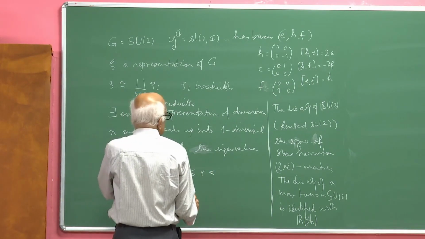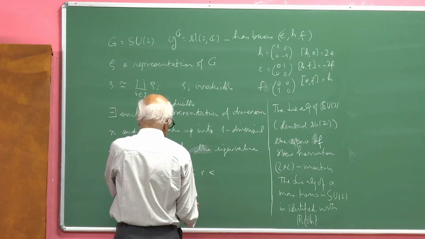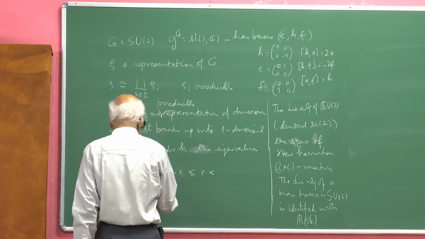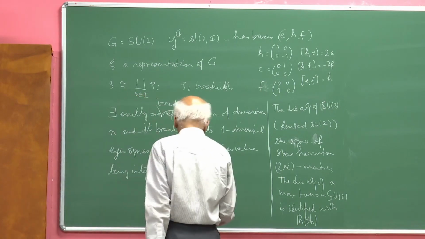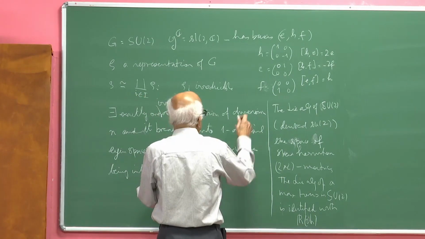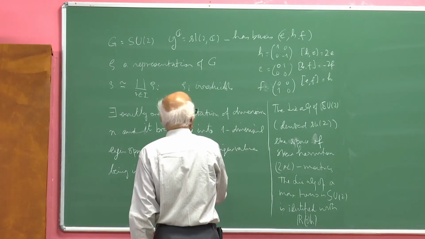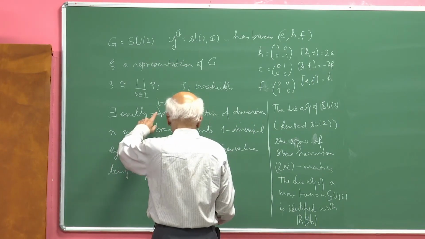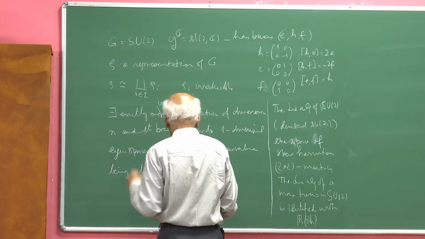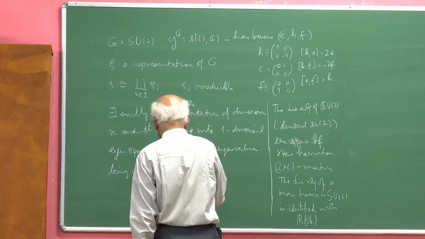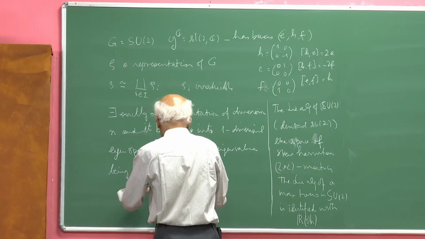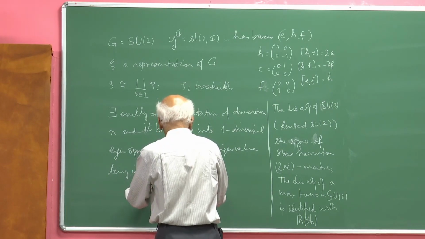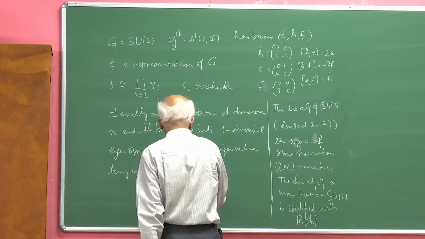It's of dimension n, so I should say the integers r run from minus r to r.